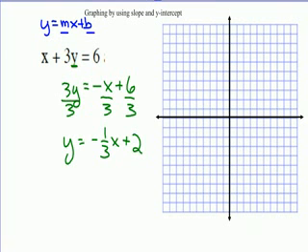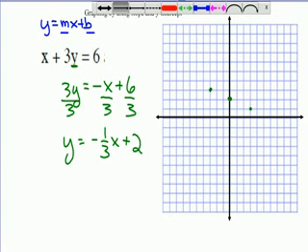Now we're very similar to the first problem. We're going to start at 2. Our slope is again negative in this case, so it's sloping downward. That's a -1/3, so rise over run. I'm going to go down 1, in this case to the right 3, or I could go up 1 to the left 3. Once again, take a straight edge, try to line this up.